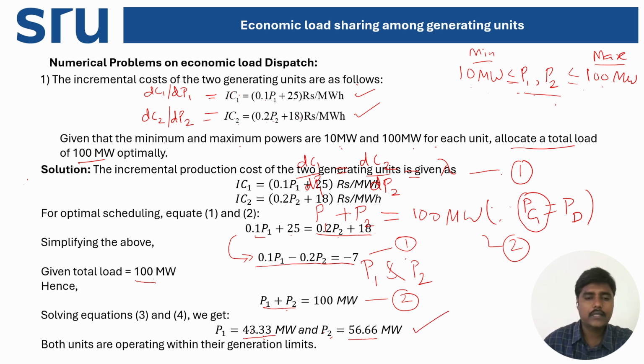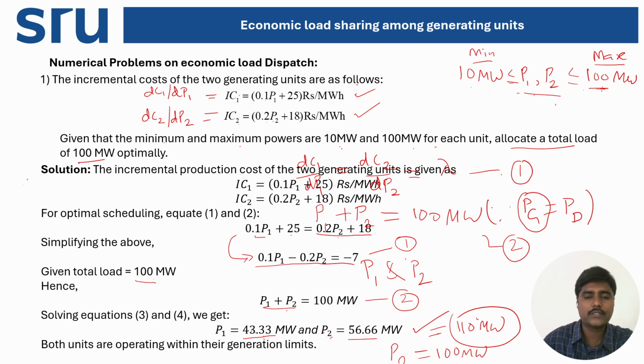Suppose, let's say, you got the P2 value as something like 110 megawatt, which is nothing but a violation of this limit. In that case, we have to fix the P2 value at 100 megawatt, because the maximum capacity of plant 2 is 100.